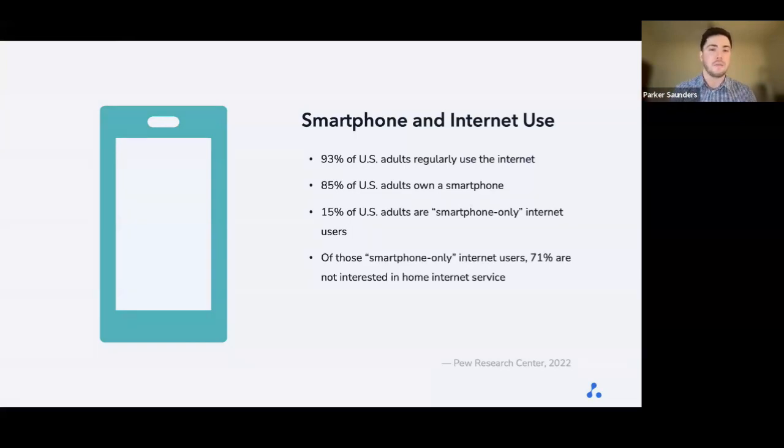And last, of those smartphone-only internet users, 71% are not interested in home internet service, meaning the way of mobile is kind of the way of the world, especially as we're talking about the talent that we're working with on a day-to-day basis. And I think this paints a really important picture about overall demographic changes and the expectations of talent in how they engage with staffing companies, how they engage with companies of all sorts.